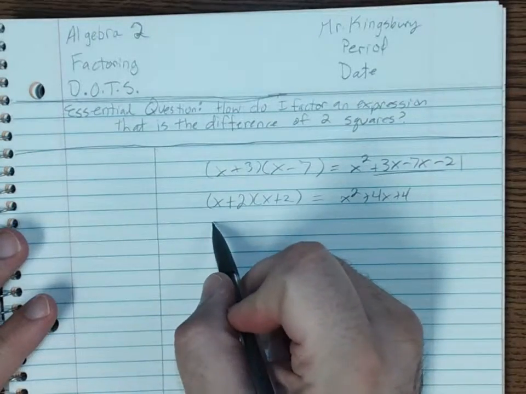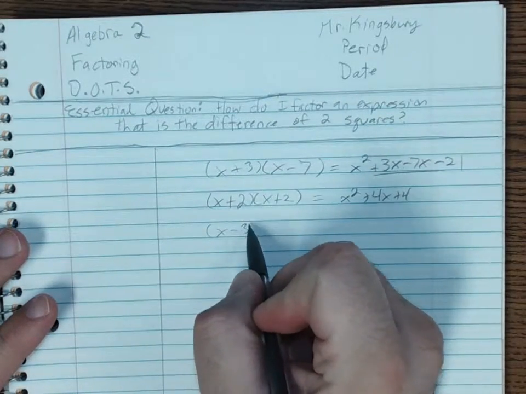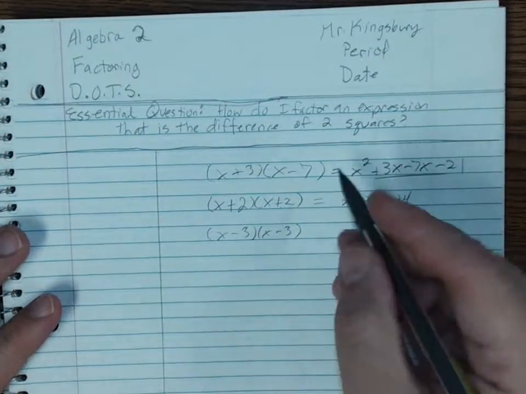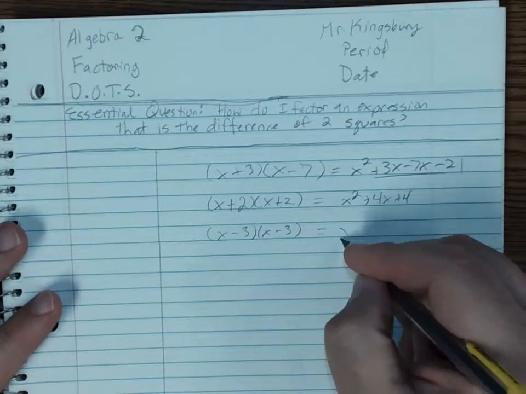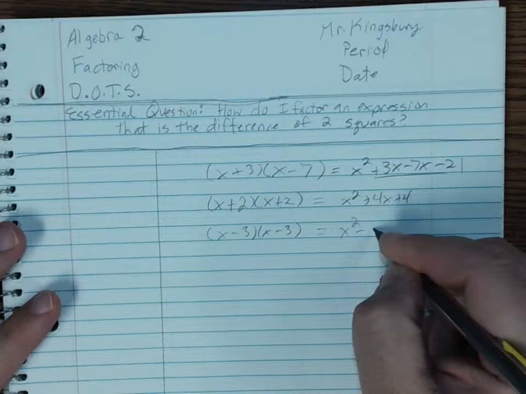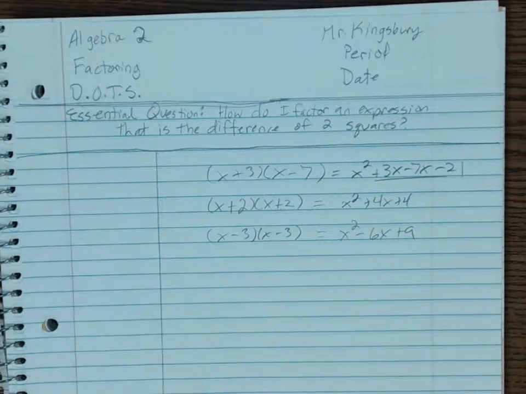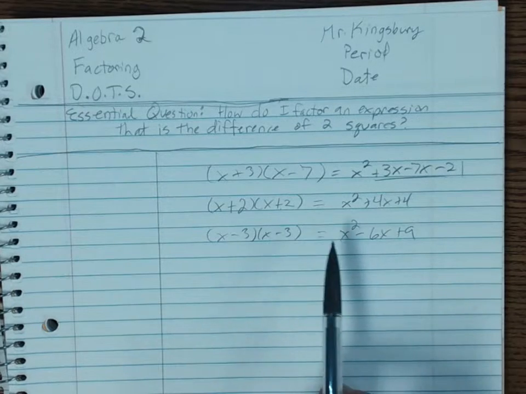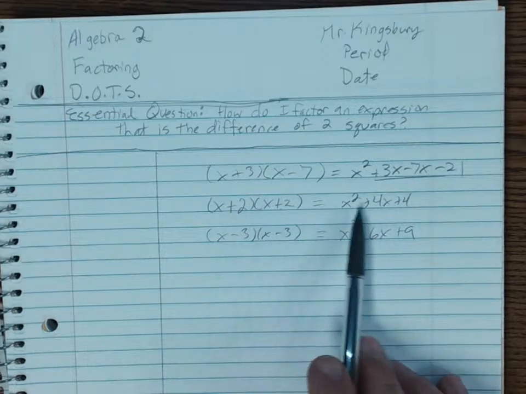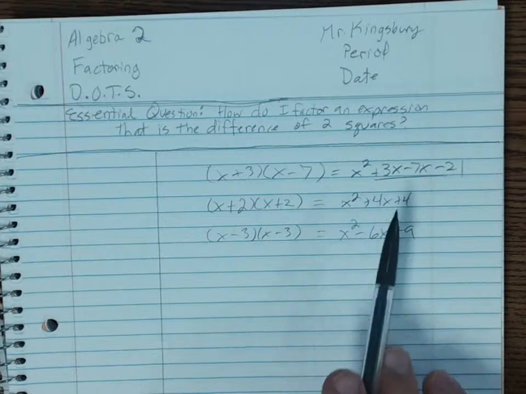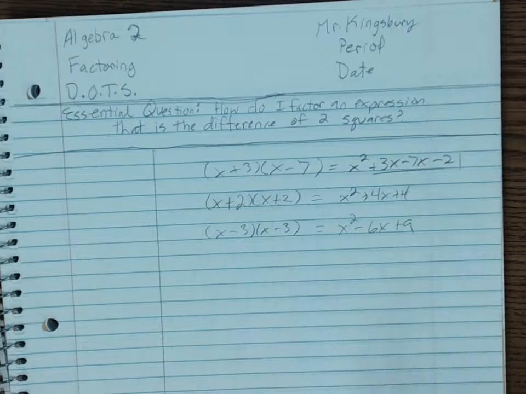And it didn't matter if the binomials were both adding or both subtracting. There was a pattern that popped up. And from this, we get what is called a perfect square trinomial. This was a special case. And what happens then is if you recognize that your trinomial is a perfect square trinomial, then you can factor it very quickly because you know it follows the pattern.